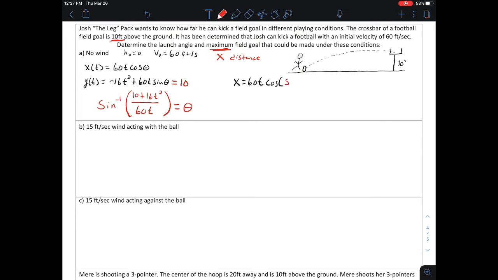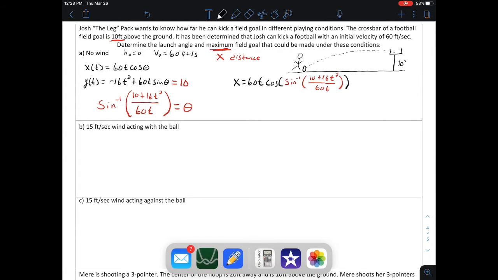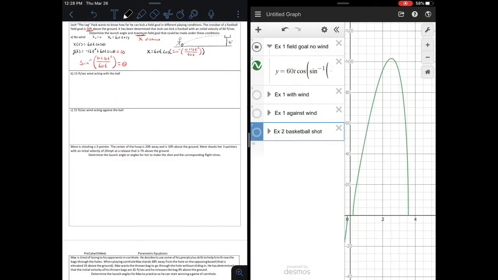So inverse sine of 10 plus 16t squared all over 60t. And that's going to give me my x position. And what I'm going to do is graph that. So I'm going to go into Desmos, and we're going to graph that equation here.